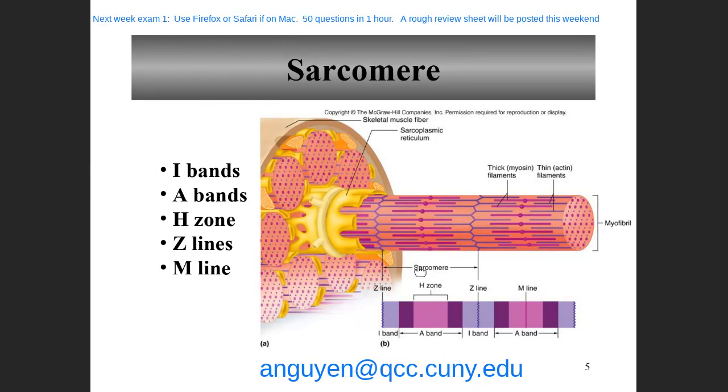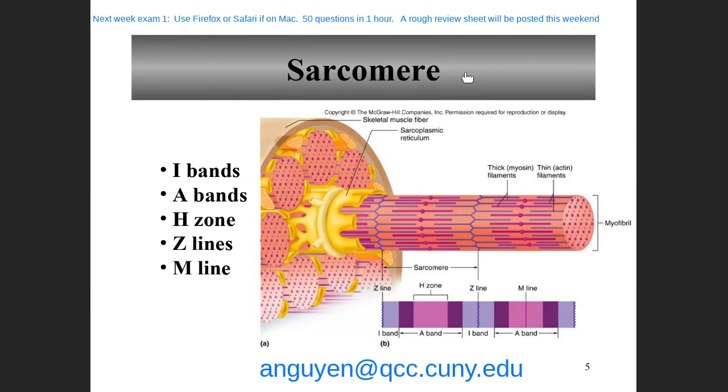And I started to give you some of the definitions. What is a sarcomere? Well, a sarcomere is a unit length of muscle, if you will. The word sarco means flesh and mere means length, right? Another way of defining a sarcomere is a functional unit of the skeletal muscle.